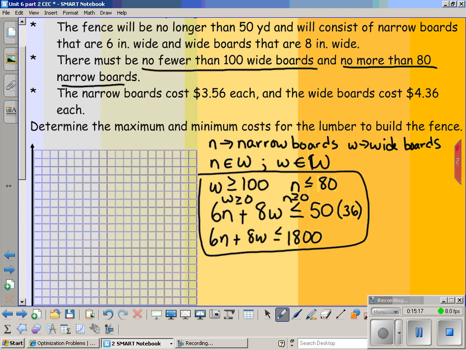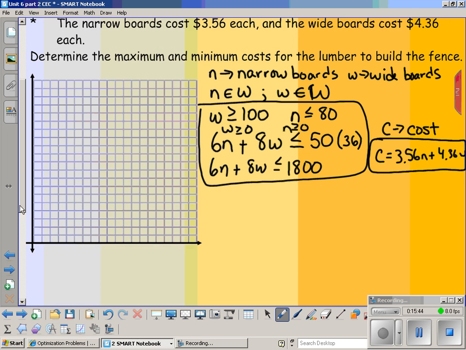So now what we need to do is find our objective function, and that is going to be cost. So C is the cost to do this. And we know that it is $3.56 per narrow board and $4.36 per wide board. So there's our cost, or our objective function, that we want to maximize and minimize.